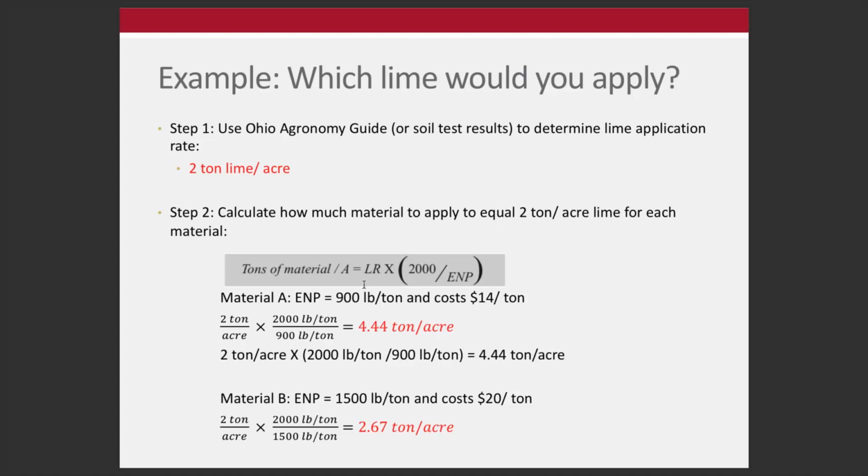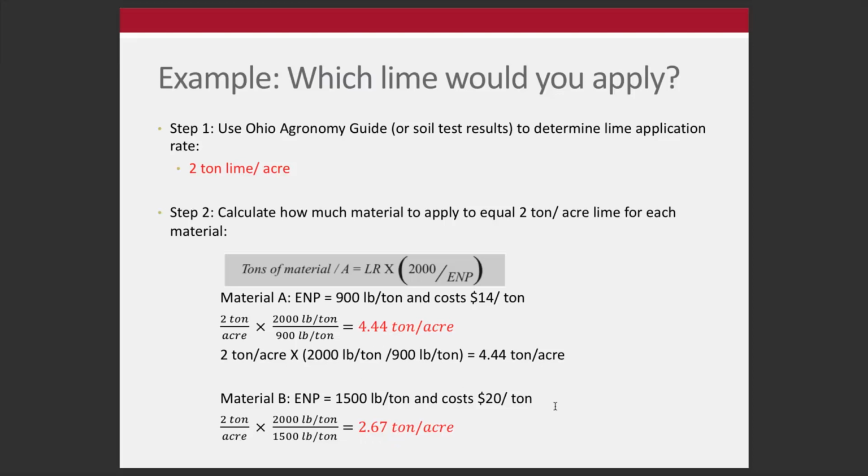Now this makes intuitive sense, right? Because if our ENP is lower than the standard 2,000, we essentially get a higher total lime rate with that material than our standard lime rate would be if we used the gold standard of ag lime. And here, because 1,500 is greater than 900, it's still less than 2 tons, but lower than this 4.4.